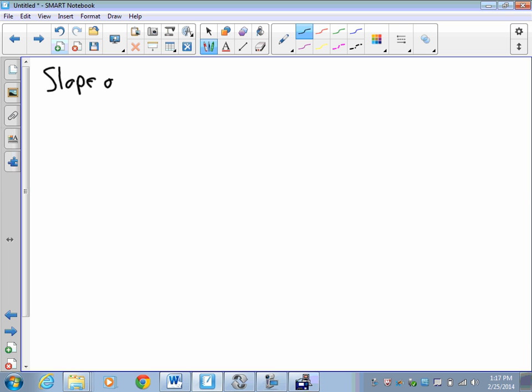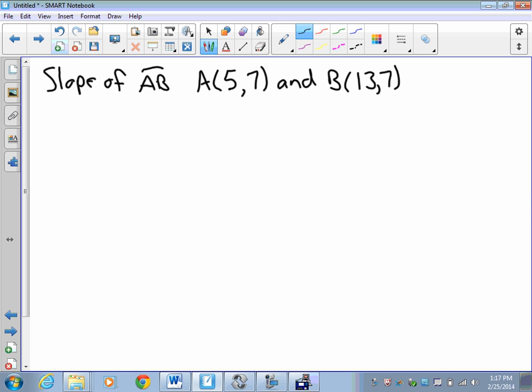So the slope of AB, where A is (5, 7) and B is (13, 7). Remember, we said the slope was rise over run.